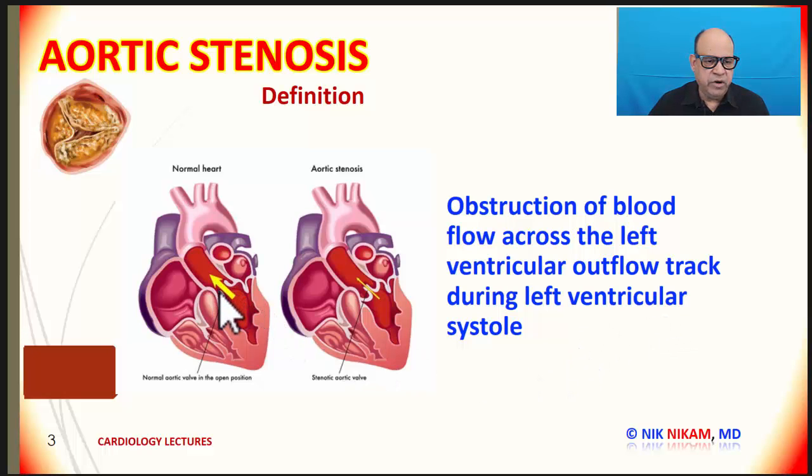So the obstruction could be right at the valvular level, the obstruction could be subvalvular, or sometimes the obstruction could be supravalvular. But in most cases, aortic stenosis is defined as the obstruction at the aortic valve level.